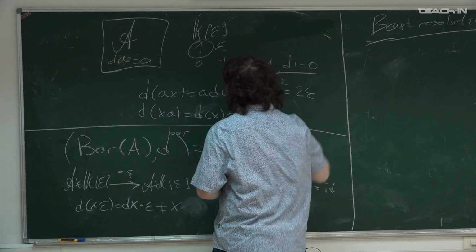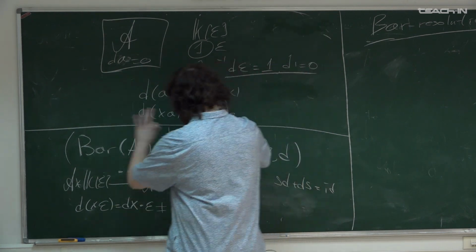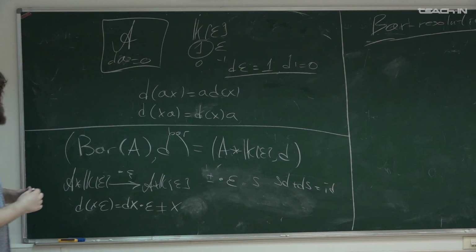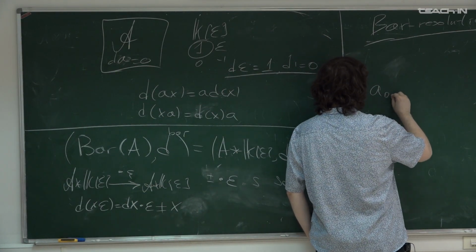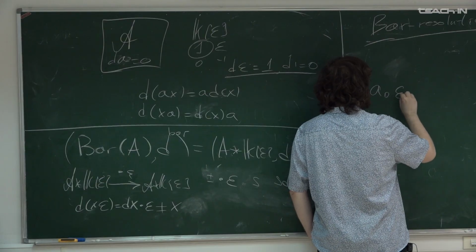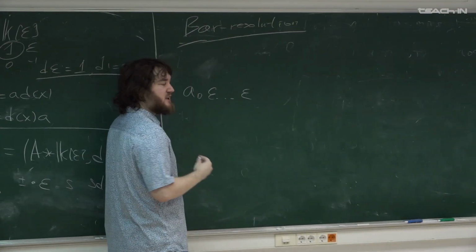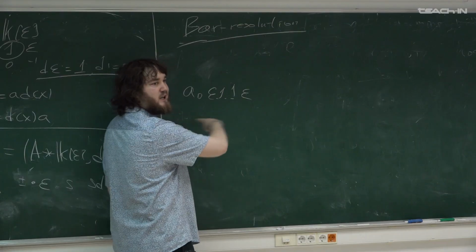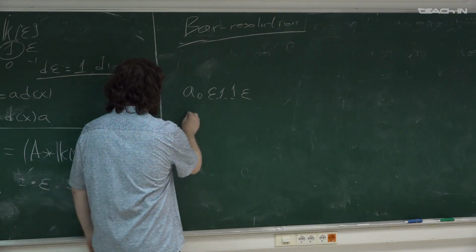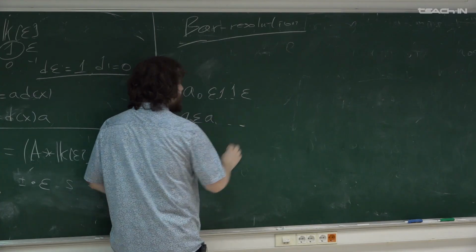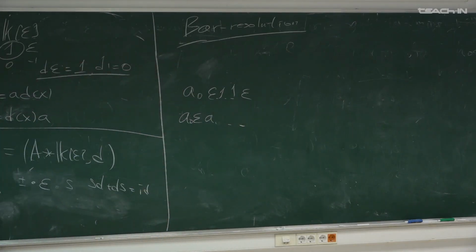It's all correct, because as I said before, if you have some epsilons here, I can assume there is a unit between them, and this is correct. Then any word is of this form, and so on.